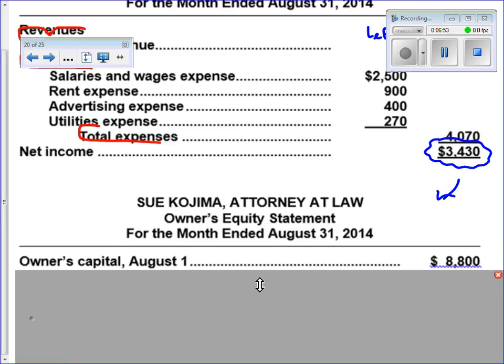Owner's capital as of August 1st. In the chapter, mid-lecture, we'd always start with a 0. Why do we have 8,800 on this one? Where are we getting that number? Back to what Sydney said earlier, the transactions.